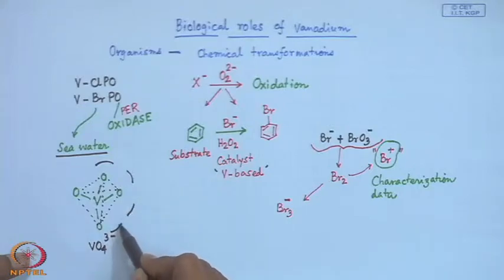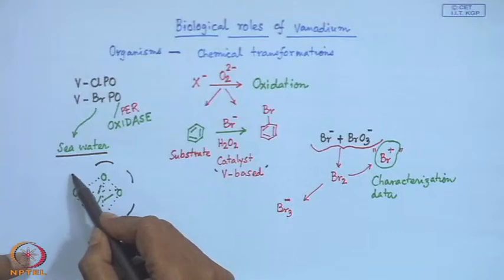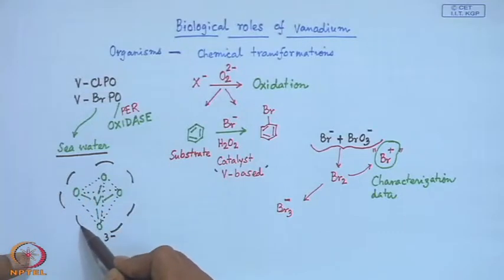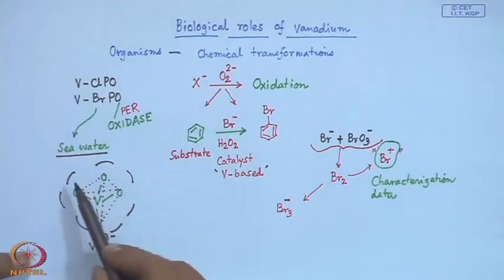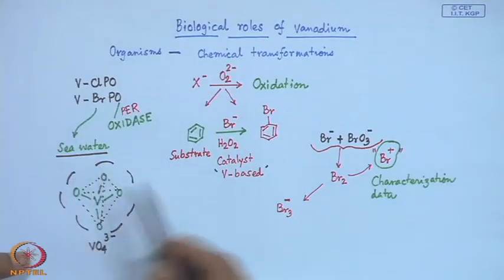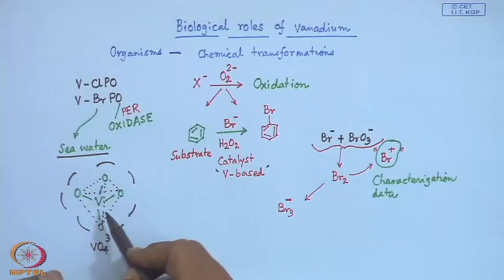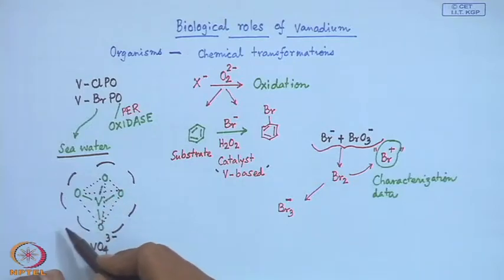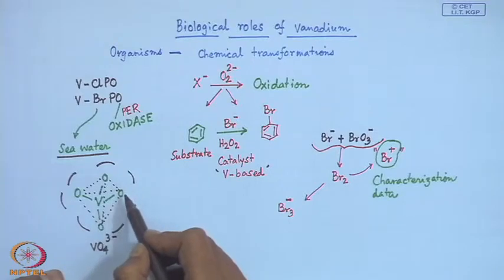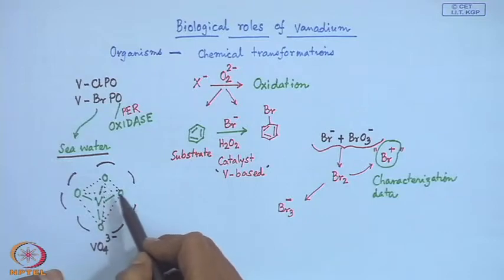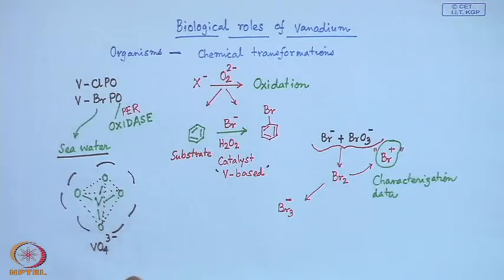There are several amino acid residues which can surround this particular pocket. Sometimes we will find that 1, 2, 3, 4, 5, 6, 7 amino acid residues with terminal ends are sufficient to encapsulate the vanadate anion within, and this will definitely show some interaction with the amino acid residues. So, what are those interactions?